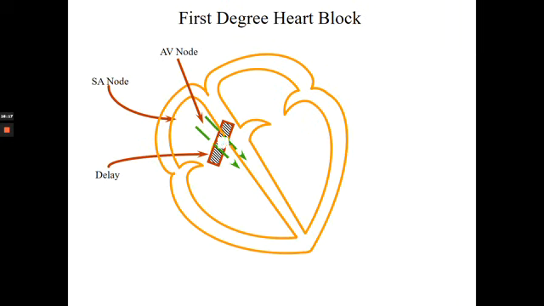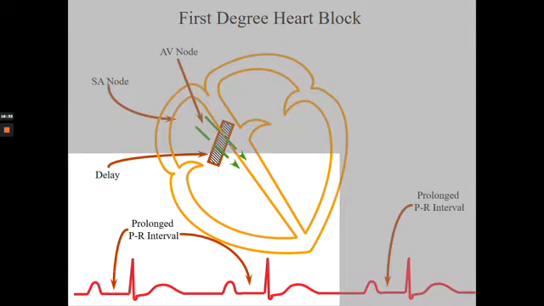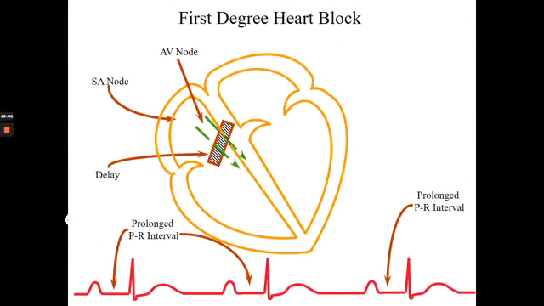Now here is the AV node. It's blocked sometimes, decreasing the conduction rate. So here, as you see, this is the PR interval.